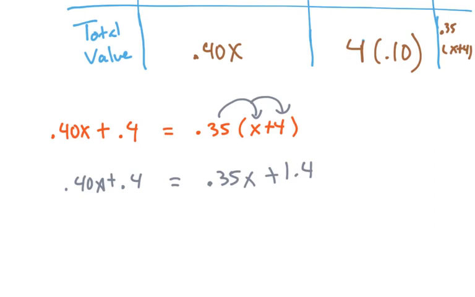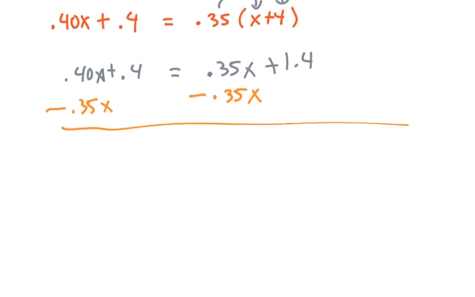Okay, and so from here, go to orange, subtract 0.35x. So I'm going to put our x's together. This will give me 0.05x. Be careful, don't put 0.5x. Plus 1.4 equals 0.4. And then we will, let's go green, subtract 0.4.